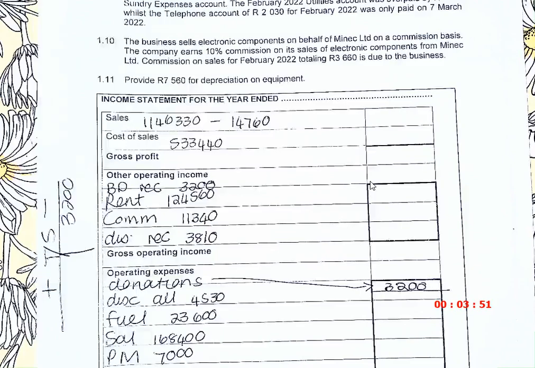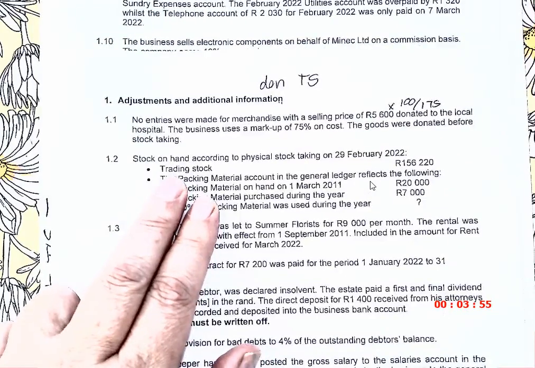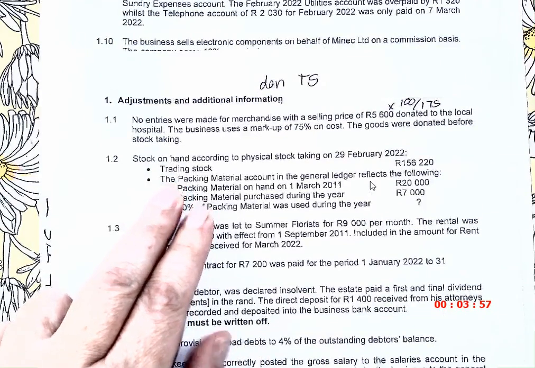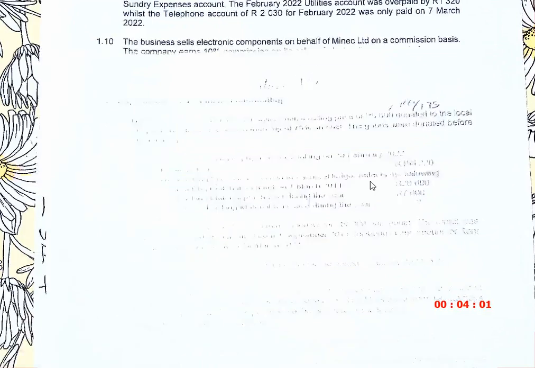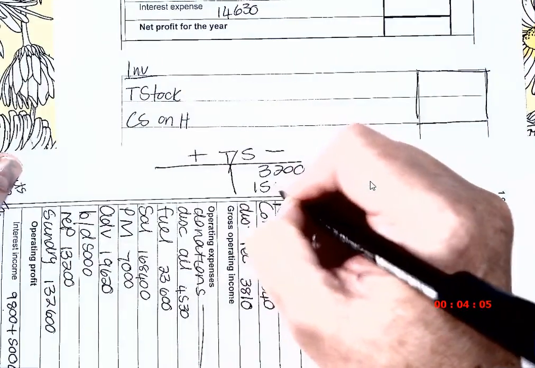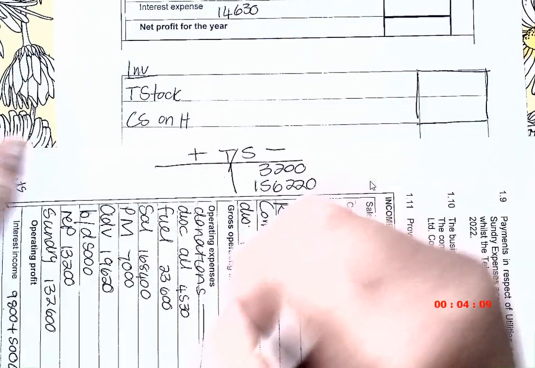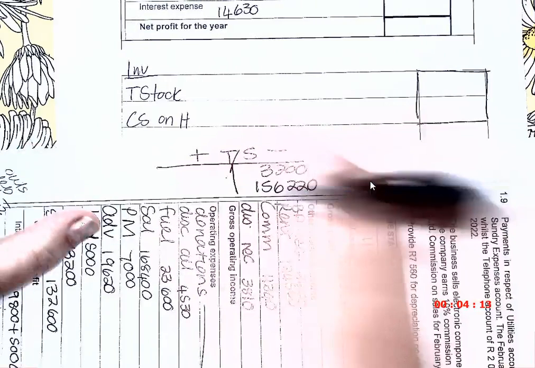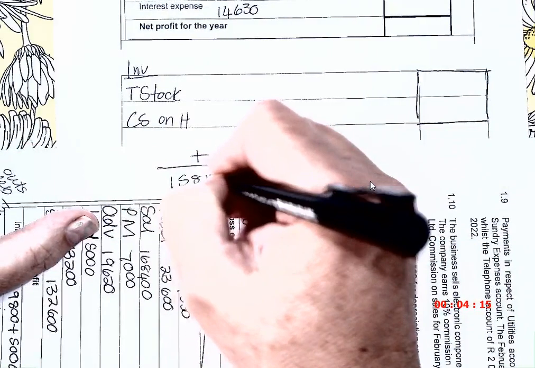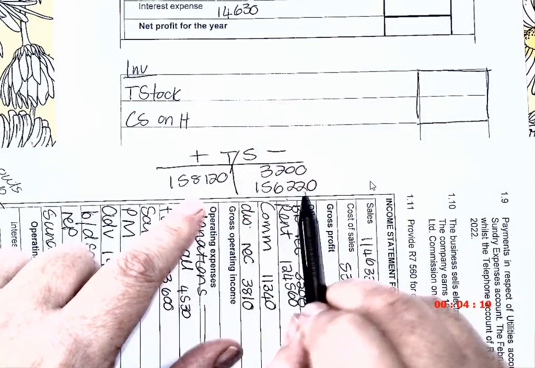Next one. Stock on hand according to the physical stock take. Trading stock 156,220. And I see my trading stock had a balance of 158,120. Can you see this side is more, there's a surplus.